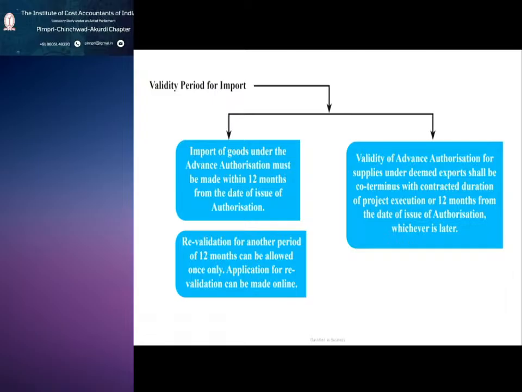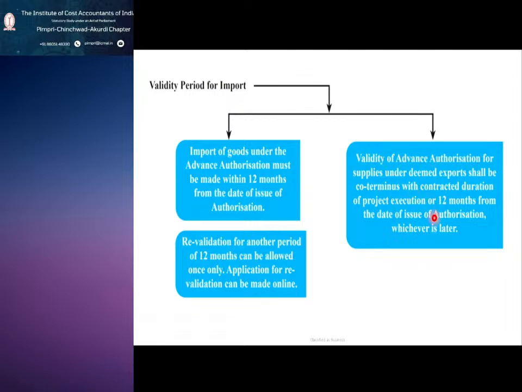This we are seeing for the import of goods. So there is one other different one, which is validity of export authorization for supplies under deemed exports shall be coterminous with contracted duration of project execution or 12 months from the date of issue of authorization, whichever is later.